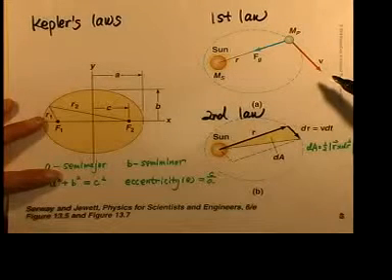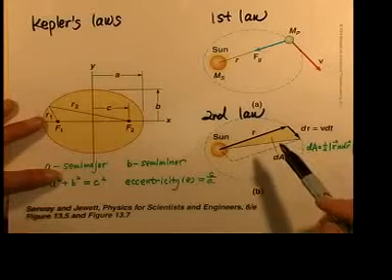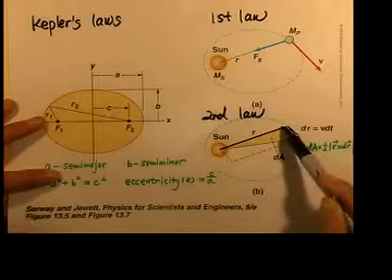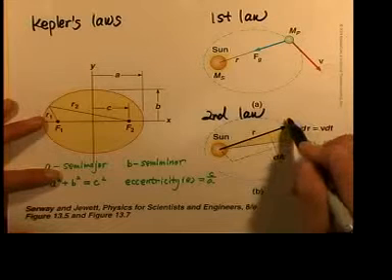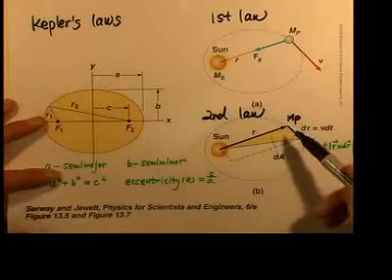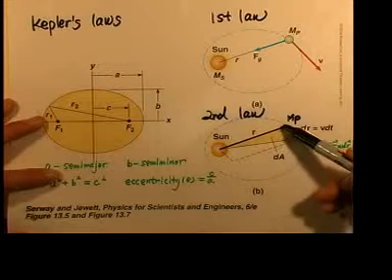Kepler's second law says the radius vector R drawn from the sun to a planet, which is right here, that's a planet of mass M_P, sweeps out equal areas.